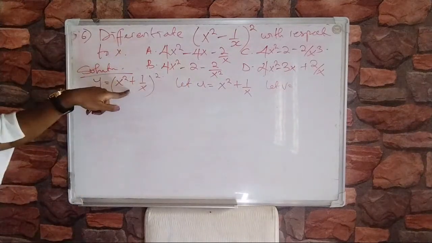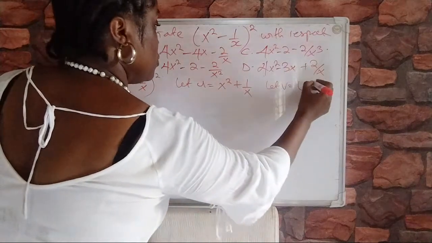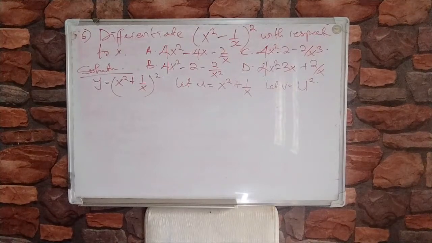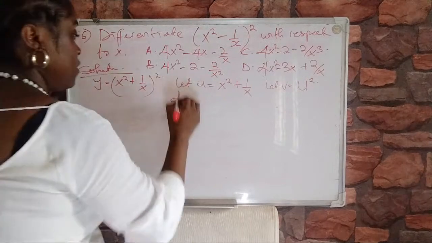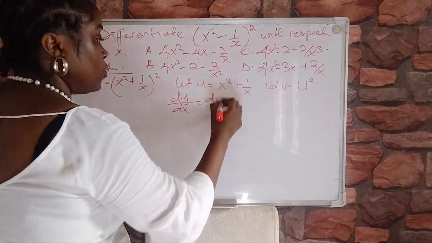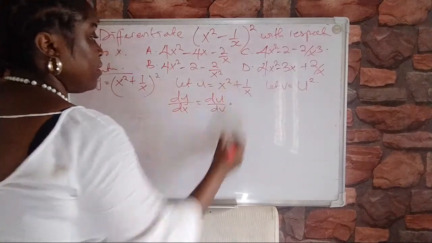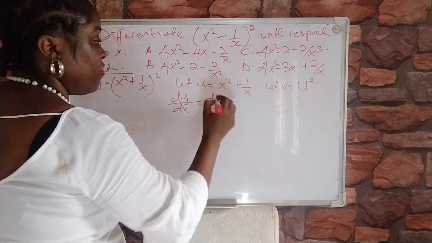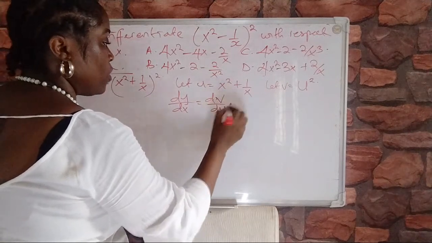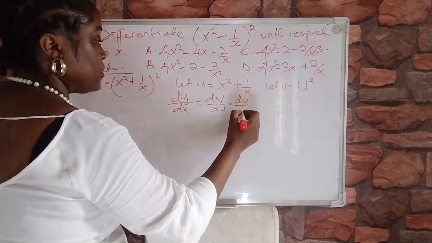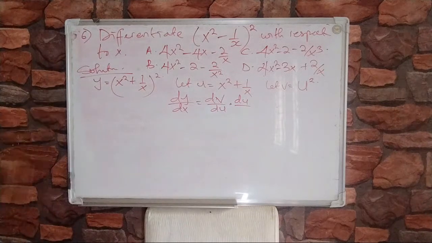To substitute u here, we have u squared. Okay? We have u squared. So that means dy/dx is equal to what? dv/du times du/dx. Let's look at it critically.